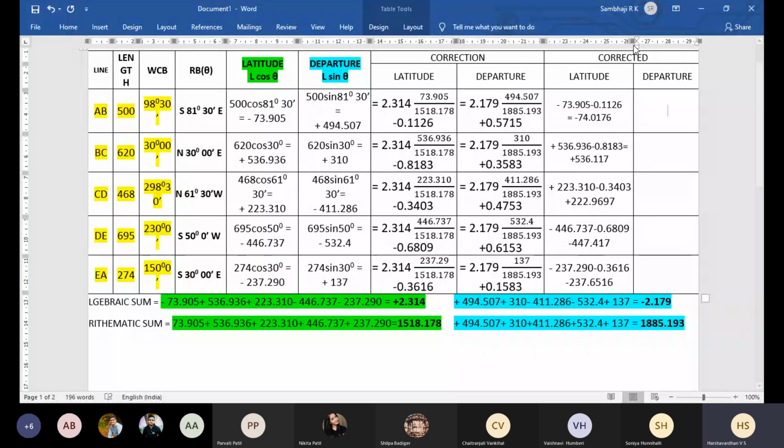Next, I will calculate the departure. So calculated departure is 494.507, and correction is plus.